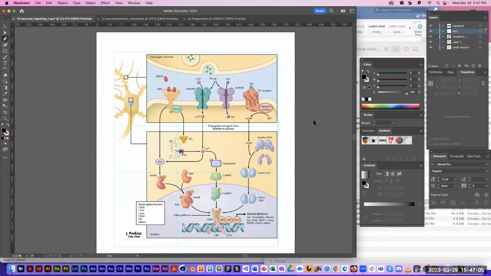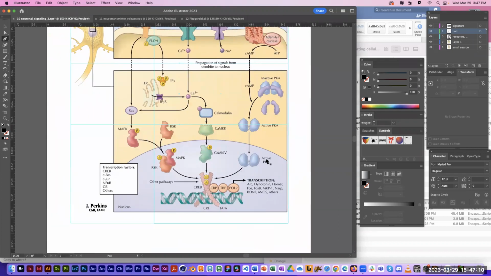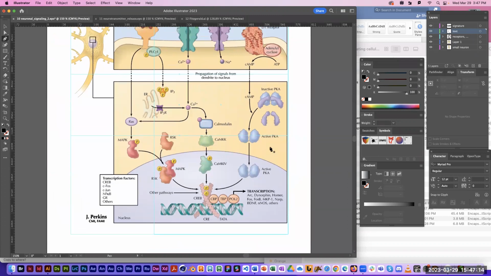Another one here, this is just another one in that same series from the same book, from the neuroscience book. This one just adds a little bit more detail about some of the second messengers.